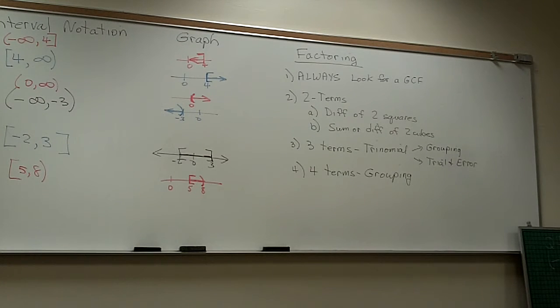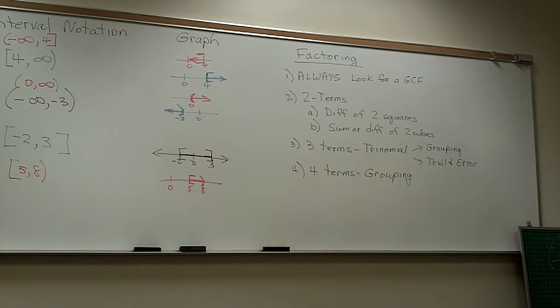But in any factoring situation, the first thing you should always do is look for a GCF, which stands for greatest common factor. GCF, greatest common factor, means I'm looking for a number and/or a variable that is common, or a factor, of every term in your problem. We're going to go through some examples of these in a minute.